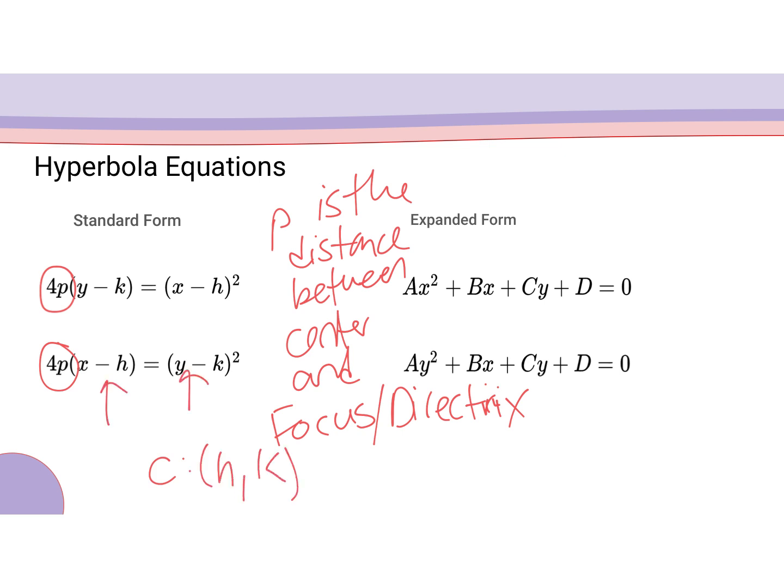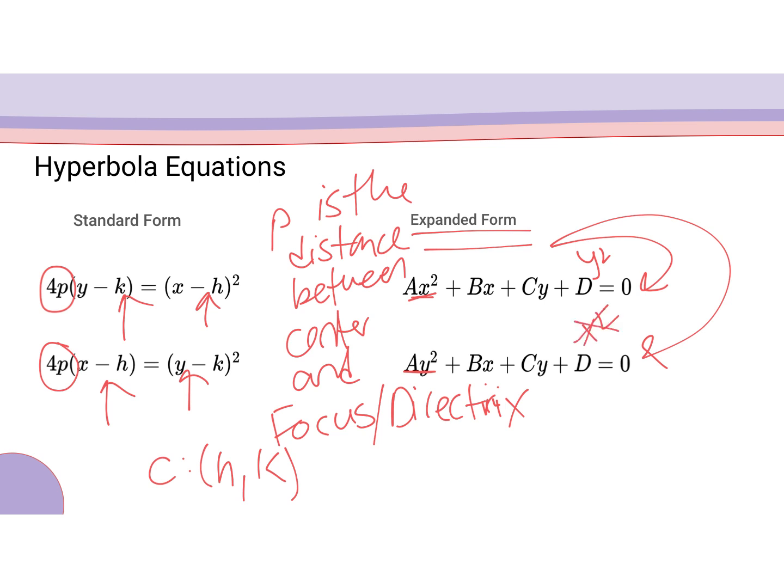Notice how h and k have swapped positions based on the placement, but h is still with x and k is still with y, so as long as you remember x and y. The expanded form is the only different one. Notice how it's missing something: one equation has x squared and y squared, but it's either missing a y squared or an x squared.